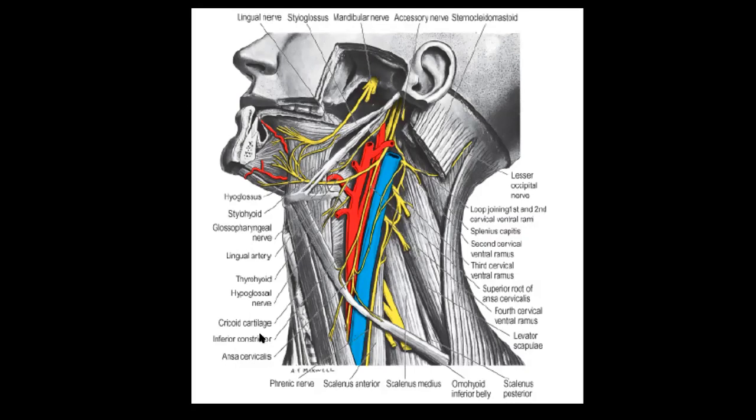Guys, you will have to draw this. It's a short note question, ansa cervicalis. Formation: from the hypoglossal nerve, we get descendens hypoglossi. From the cervical plexus, we get descendens cervicalis. Both join together to form a U-shaped loop called ansa cervicalis.